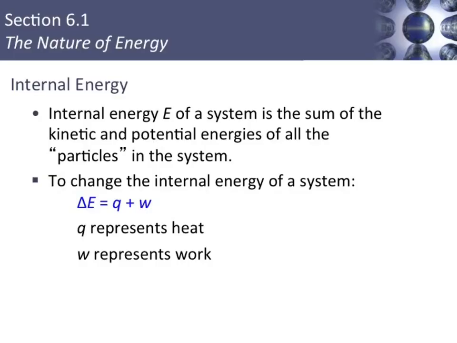Okay. So internal energy is the sum of the kinetic and the potential energies together. And to change the internal energy of a system, we have the delta E, the change in energy, is equal to Q, which is heat, plus W, which is work.